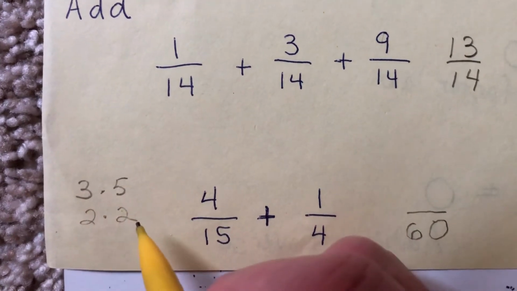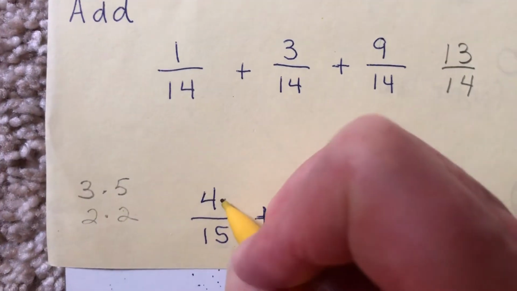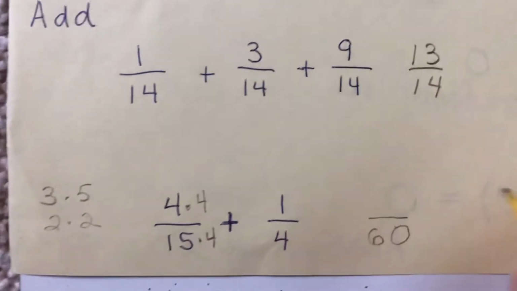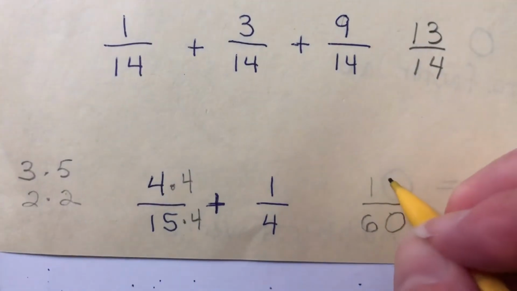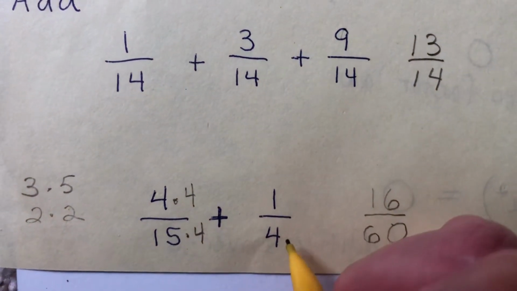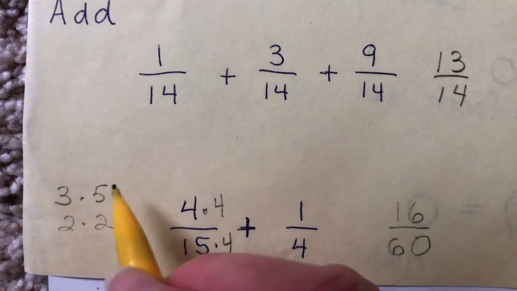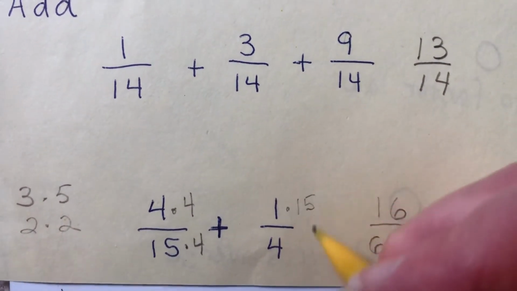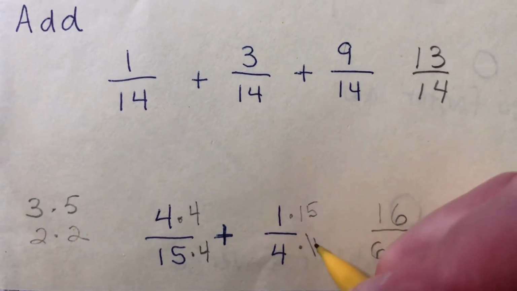So in order to get 15 up to 60, well, here's 15. It's missing 2 times 2 or 4. So I have to multiply top and bottom by 4. So 4 times 4 is 16. Then for the 4, here's the 4. It's missing 15. So multiply top and bottom by 15.